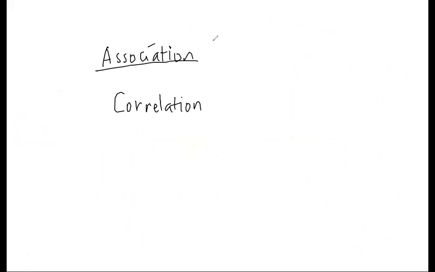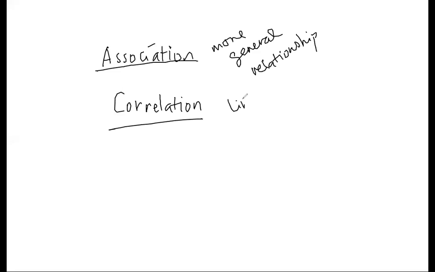Well, okay. It's the usage of the term, right? Usually association is a more general relationship. Correlation usually is reserved for linear relationship.